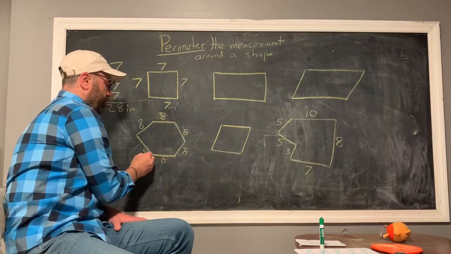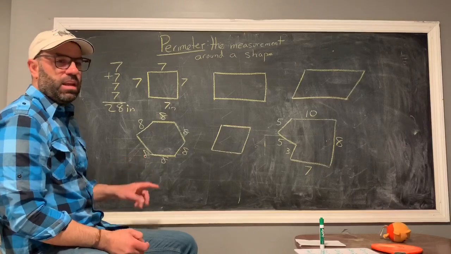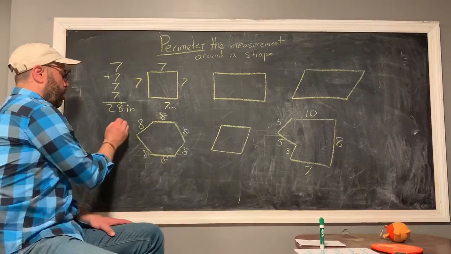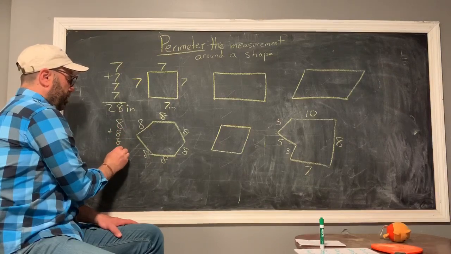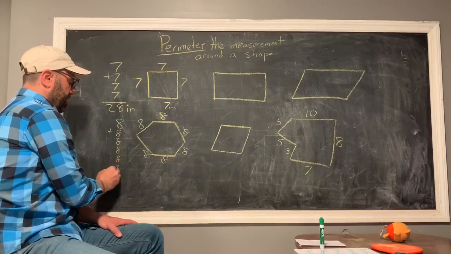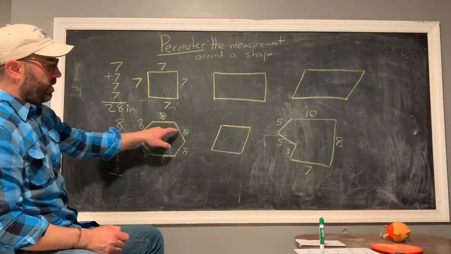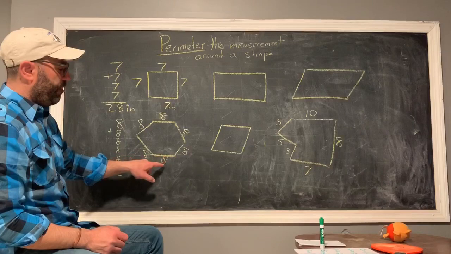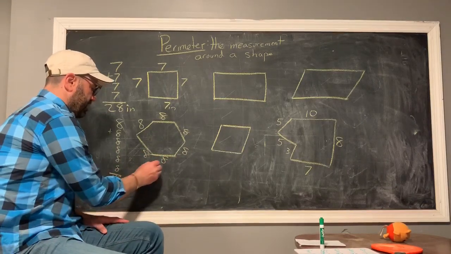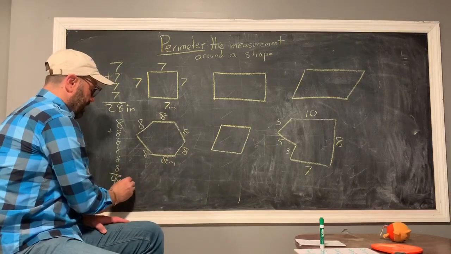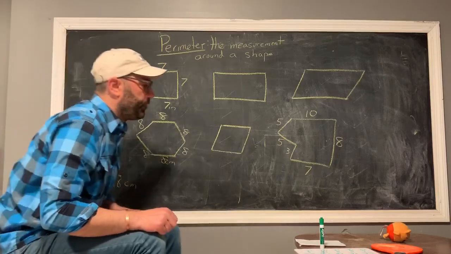So I could do 8 plus 8 plus 8 plus 8 plus 8 plus 8, but since I know all my 8s, I would rather just multiply rather than add 6 8s to get my answer. So let's just go 8 and 8 are 16, 24 and 32, 40, 48, and say it was centimeters, it would just be 48 centimeters, not square centimeters, okay?